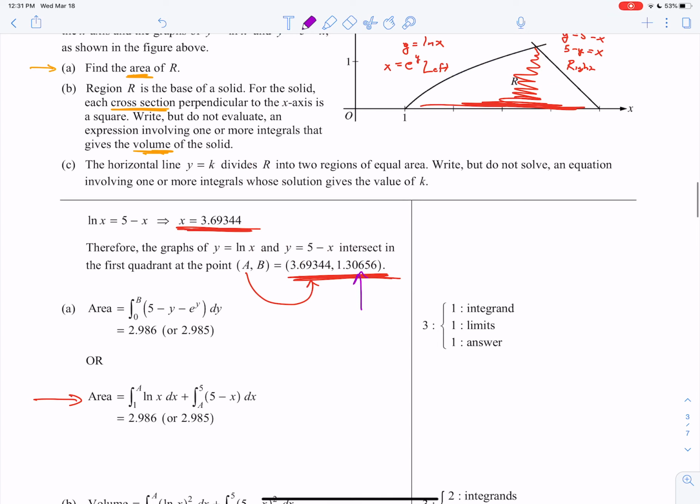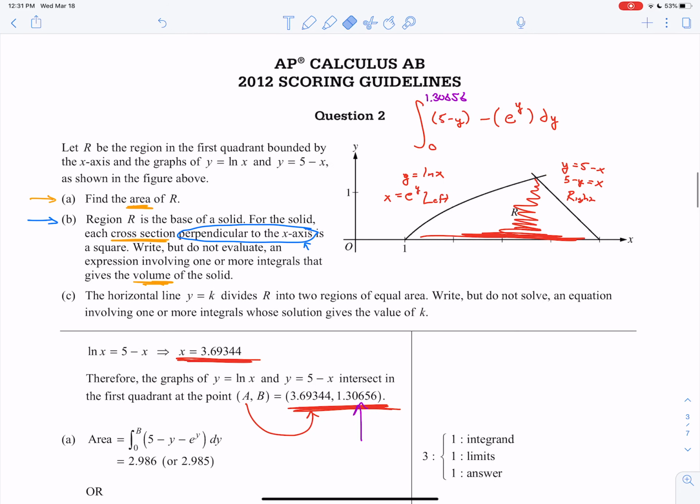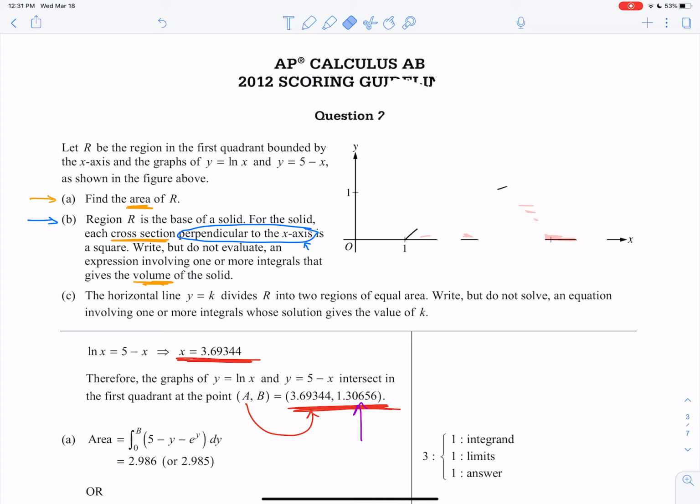Part B. They're telling you that you're dealing with cross sections perpendicular to the x-axis. So right away, perpendicular to the x-axis, I know I'm going to integrate in terms of x, okay? They're telling us that each cross section is a square. So let me go ahead and animate that for you guys so that you can kind of see it.